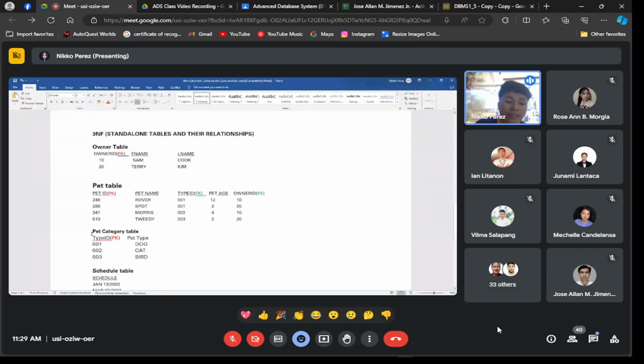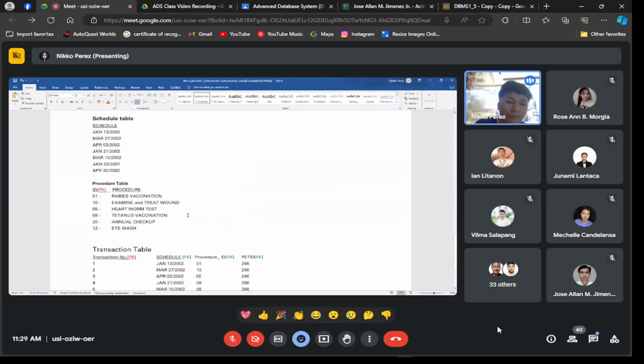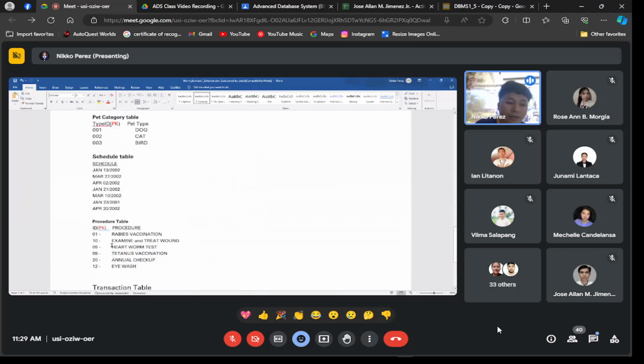These tables link with the pet table sharing its key, so the pet shares its ID and the owner its ID. For the schedule, we separated the schedule and the procedure, in which we represented each procedure as one value together with its ID number.